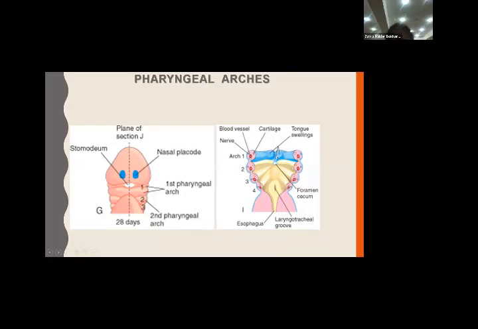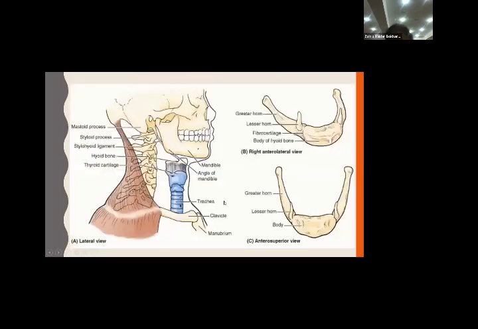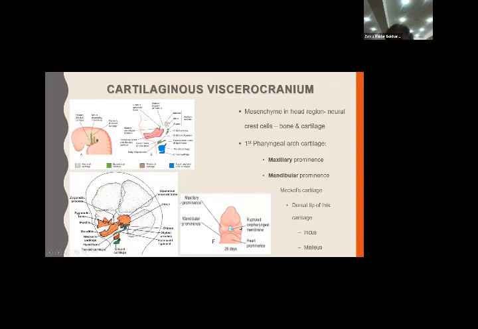So it has a dorsal end and over here it would have a ventral end. ठीक है. अच्छा, अब first arch की दो होती हैं, एक maxillary prominence और ये mandibular prominence. इनकी नाम आपको बता देते हैं.